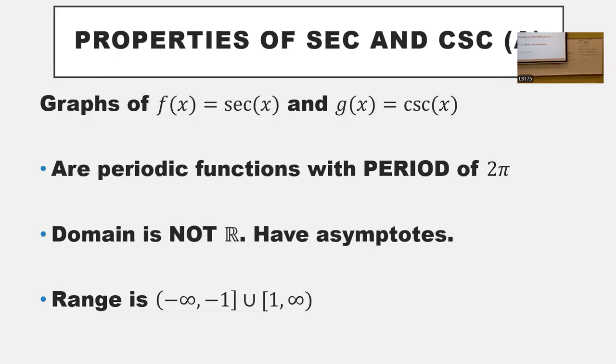The domain is not all real numbers because we have the asymptotes. The range goes from negative infinity up to -1, and then skips, there's nothing between -1 and 1, and then starts back up at 1 and goes to infinity. So we have this middle gap where our cosine is. Other than that, I can go negative infinity to infinity.